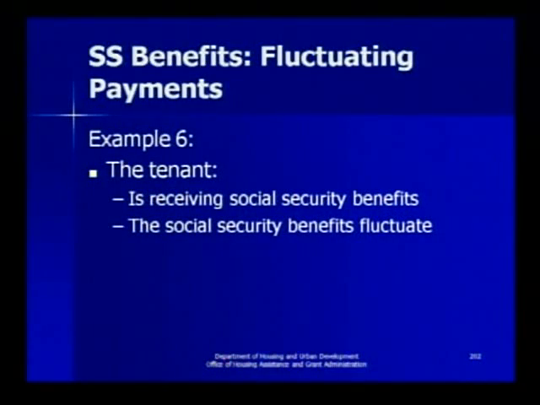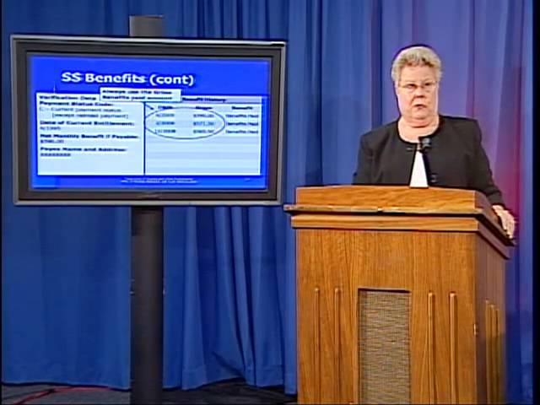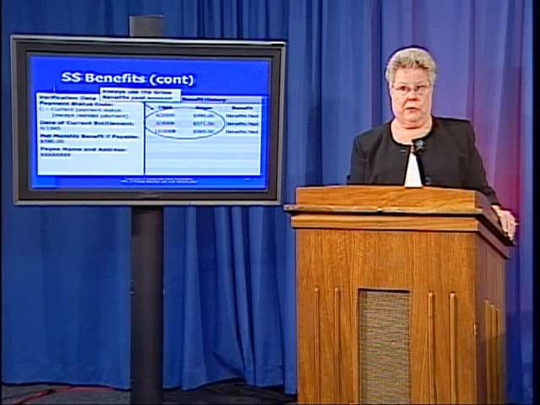Now, in the next example, the tenant's receiving Social Security benefits and they are fluctuating. I would say on this that if you find this situation, you probably should discuss it with the tenant to see if you can find out why their benefits are changing every 2 or 3 months.